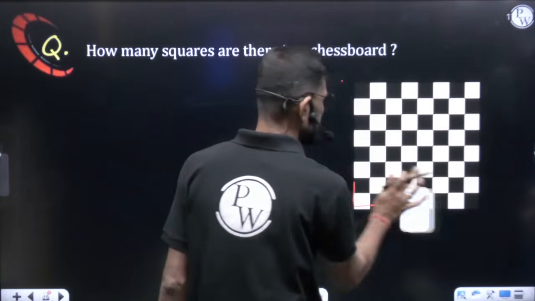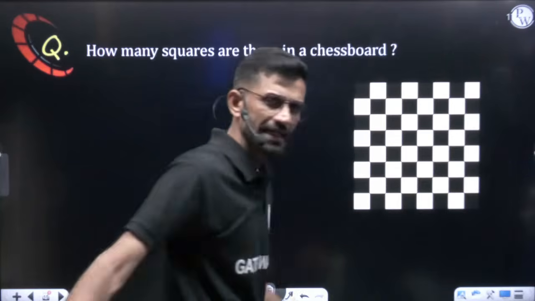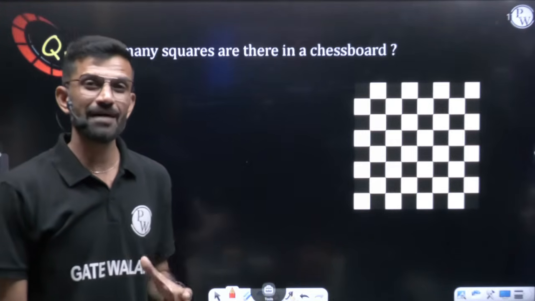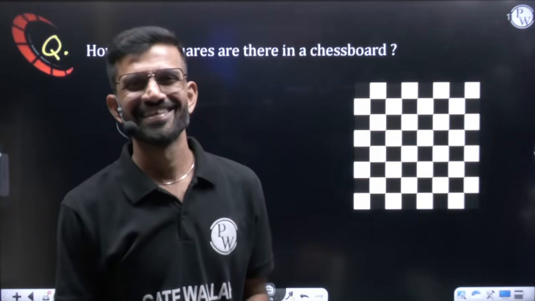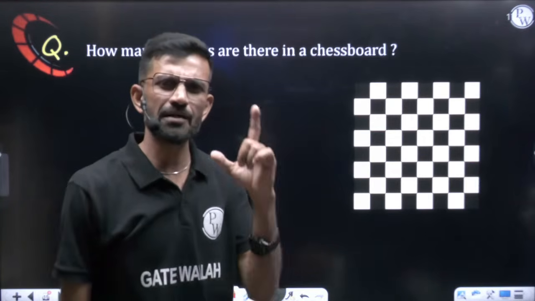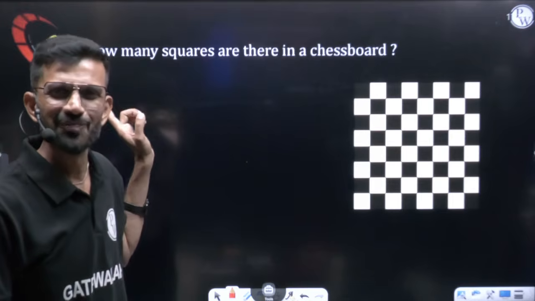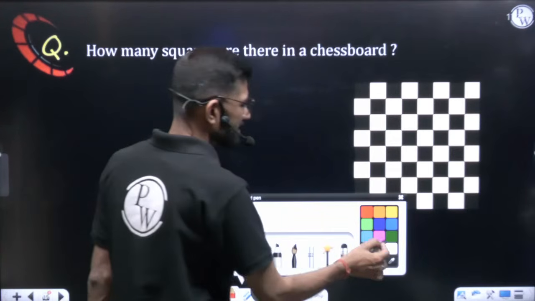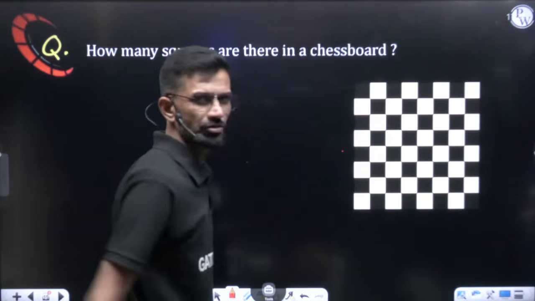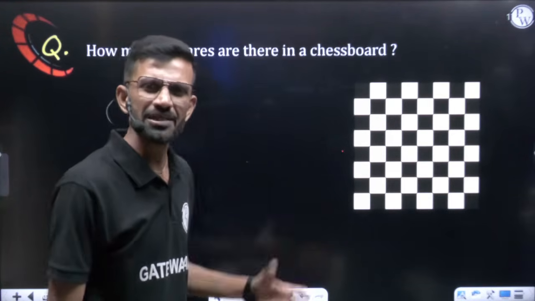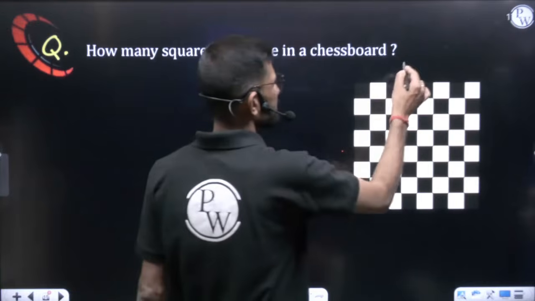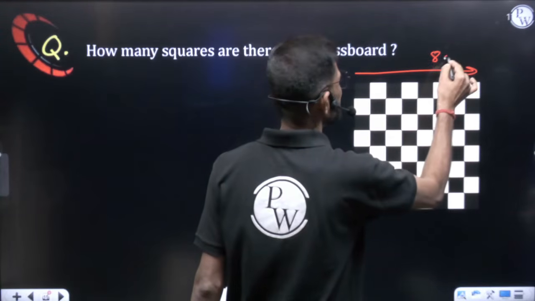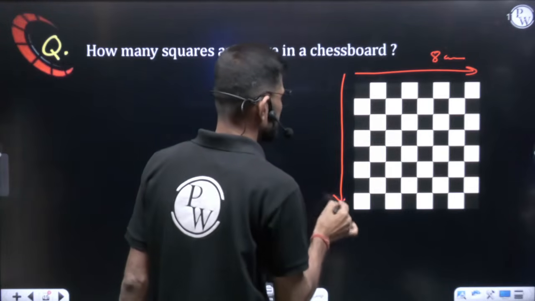No doubt, my dear friend, there is a formula, but using a formula is mathematics. We are going for aptitude, the logical approach. With the logical approach, you can derive formulas also. So let us see how we can find it. Let's say there is a chessboard on your screen, in the form of a square, with dimension 8 centimeter by 8 centimeter.